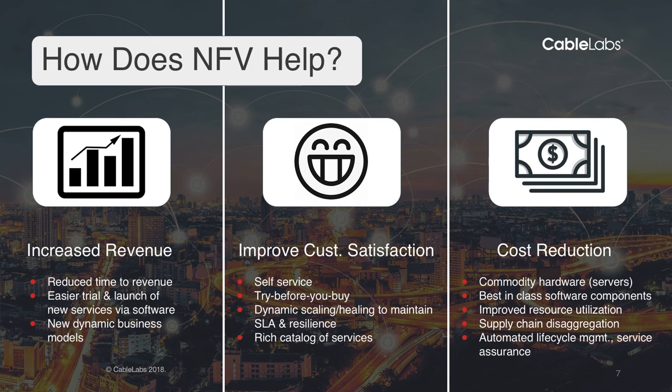Supply chain disaggregation is another way to get cost reduction. In the current world, the entire solution typically comes from one vendor. That vendor provides the hardware, the software, the systems integration. With NFV, it's possible to disaggregate the supply chain. Servers could come from one vendor. The infrastructure software could come from another. The VNFs, virtual network functions, could come from a third.